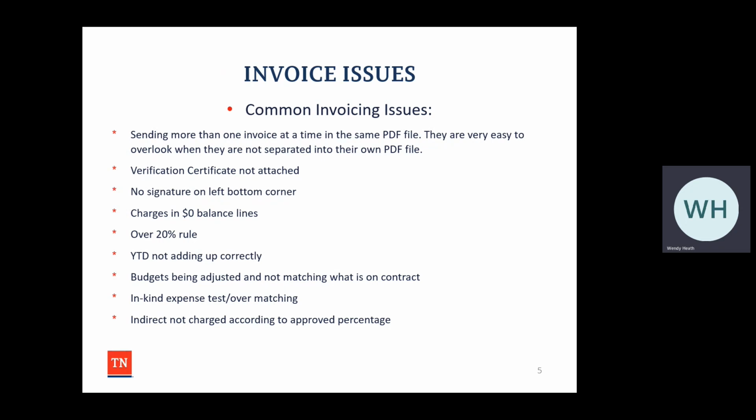For example, if you're one of the agencies that submits quarterly and you send 3 invoices at once, make sure that each invoice has its own PDF file. When you send the invoice in, it should have 3 attachments, including your certification. Make sure those are all separate and not in one big PDF file, because they do get overlooked a lot.